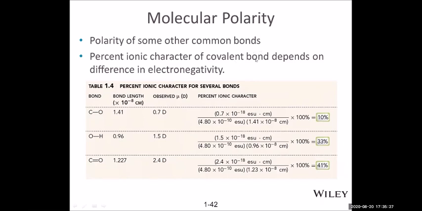How polar is a bond? There's a quantitative way to measure. We don't use that for organic chemistry, but in experiment we can measure the dipole moment, and based on the dipole moment and bond length, there's a way to evaluate how polar or how ionic one bond is, and we call it ionic character.